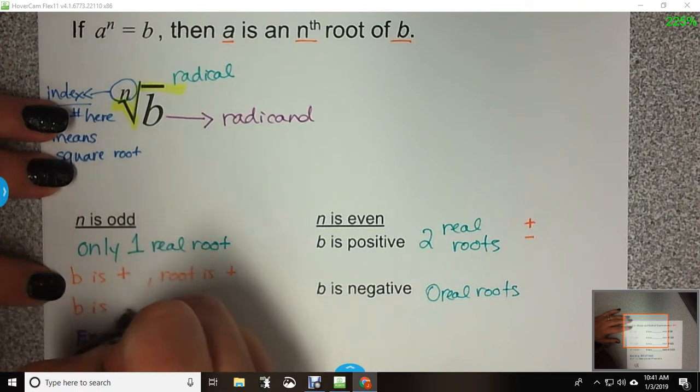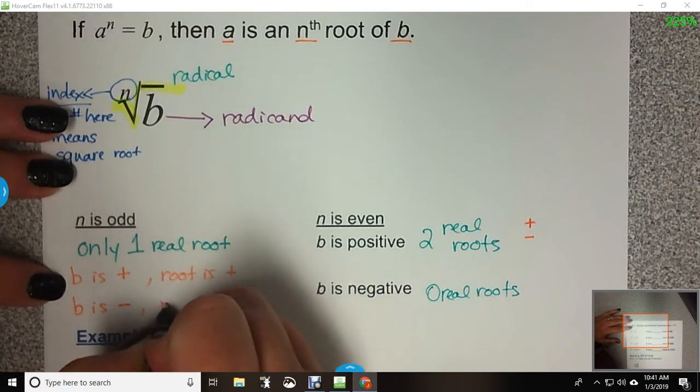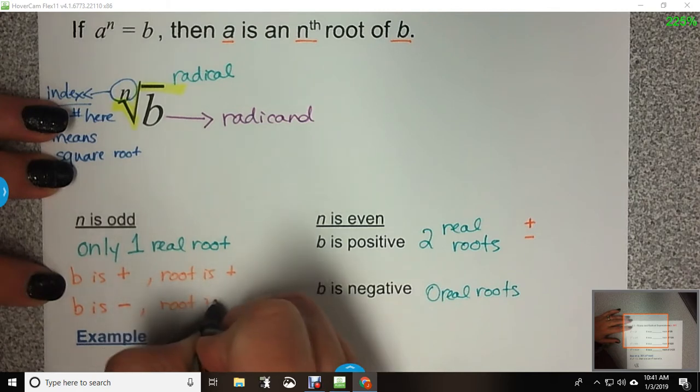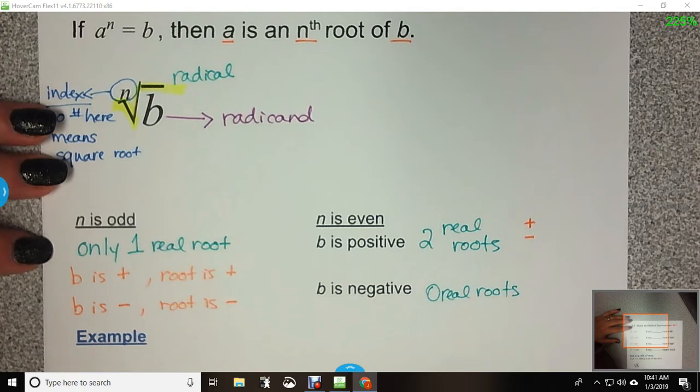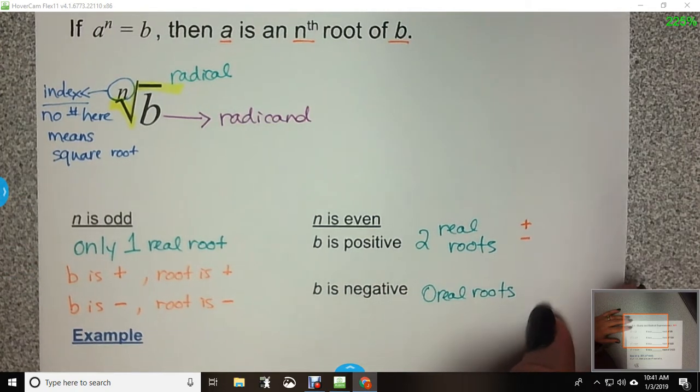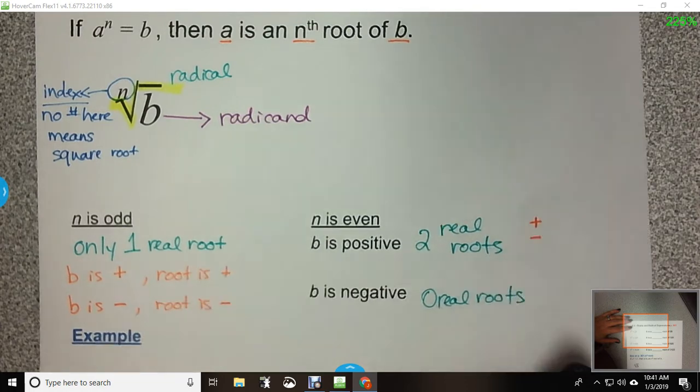However, if b is negative, then your root will also be negative. All right, so we're going to look at an example and answer some questions about it.